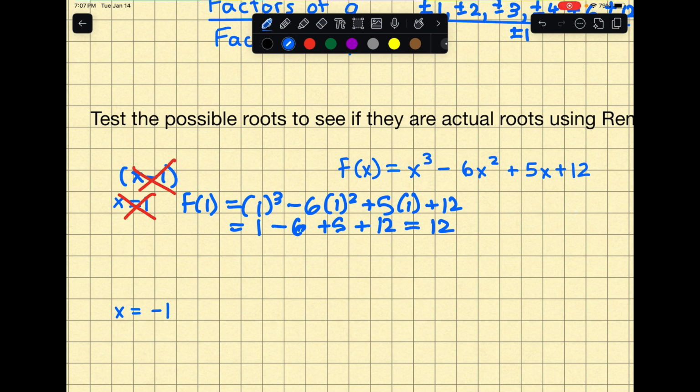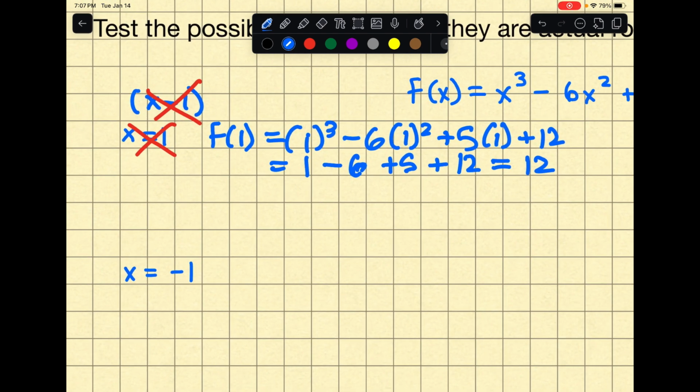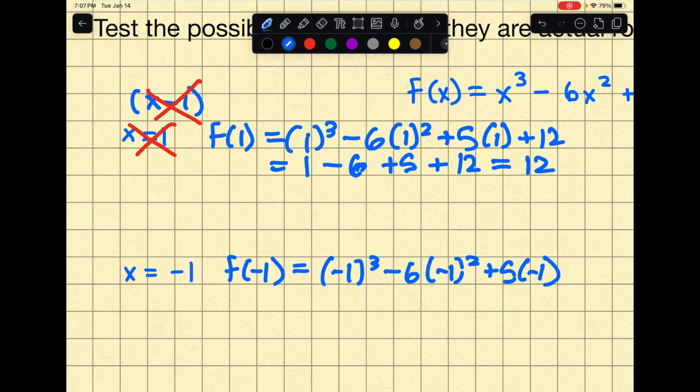All right, so we test again. The next one I typically test would be x equals negative 1. So f of negative 1 is equal to negative 1 cubed minus 6 times negative 1 squared plus 5 times negative 1 plus 12.